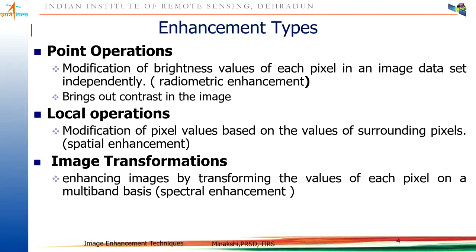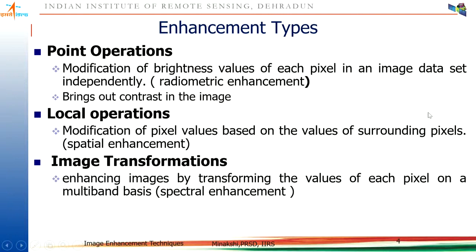That means the pixel value of the same location in more than one band. So this is the basic difference in the three categories: point or radiometric, spatial enhancement, which modifies pixel values based on surroundings or local operations, and image transformations or spectral enhancement, where we modify the pixel value based on the pixel value at the same location in multiple bands, either of the same date or of a different date data set.